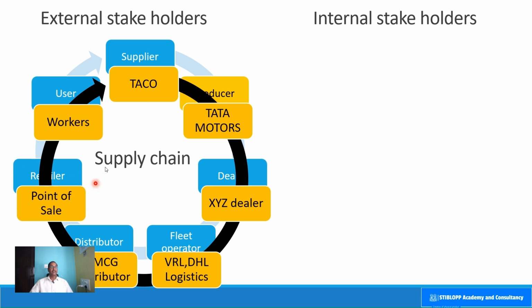And from these retailers, the employees or workers who are working in TACO buy them, and they further lend their services, like engineering services, financial services, HR services, or any kind of work that they do, to the supplier, which is TACO. Here TACO stands for Tata Auto Components Limited, which supplies the small systems and subsystems to Tata Motors, like the wiping system, steering system, transmission system, or anything else.